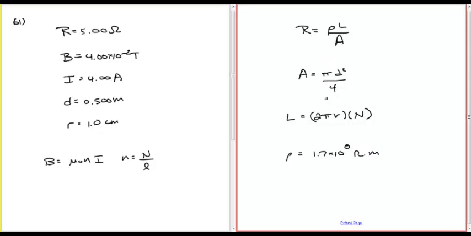Okay, I'm going to plug that in, so we'll have resistance is equal to resistivity times length, but length is 2 pi r times n, divided by the area, which I can determine. This diameter here is the diameter of the wire, so that's right.